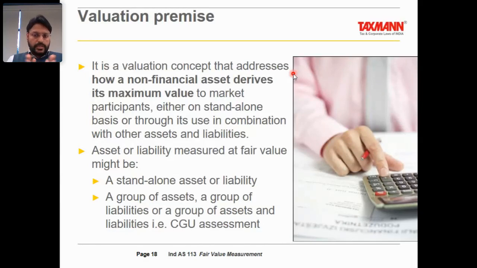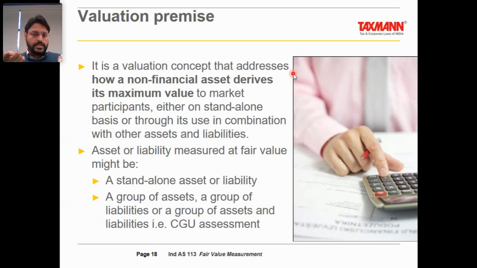So for non-financial assets, how the maximum value is derived, that is, if I use a group of assets together, then maximum value could be arrived at, and on that basis I form the CGU, cash generating unit. Now for that CGU I will determine the fair value, although the assets in that CGU are recorded in my FAR, fixed asset register, on an individual basis.